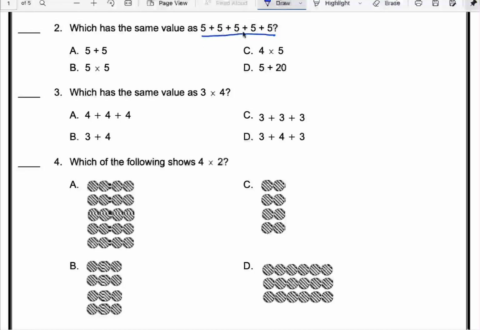Okay, 1, 2, 3, 4, 5. That's right. Do we have any other correct answers? Yes, 5 multiply 5. Excellent. So in this question, my heroes, we have 2 correct answers. Using multiplication, 5 times 5. And 5 plus 20 is also 25. Okay, thank you, my hero.